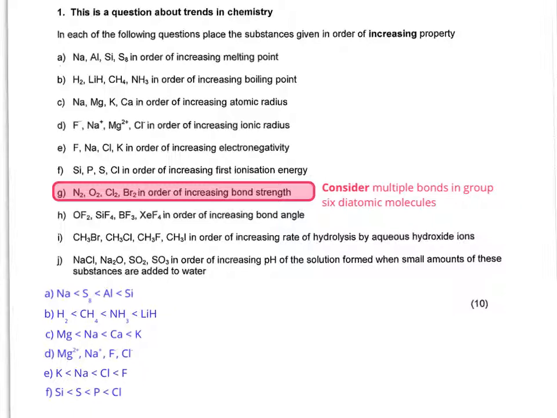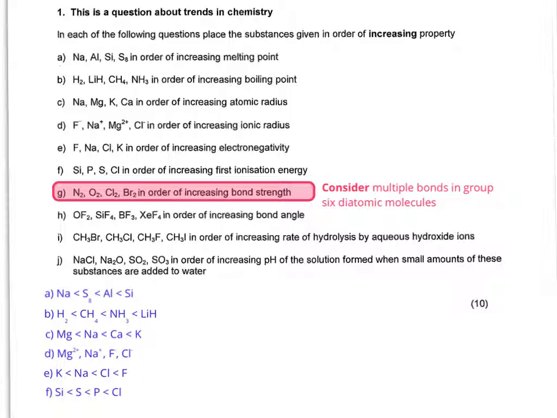So for the next one, you have to think about multiple bonds in group 6 diatomic molecules. Nitrogen has a triple bond because it's only got 5 electrons in its outer shell, so it needs to share another 3. Oxygen's got 6 electrons in its outer shell, so it needs to share another 2, so it does 2 bonds between its individual atoms.